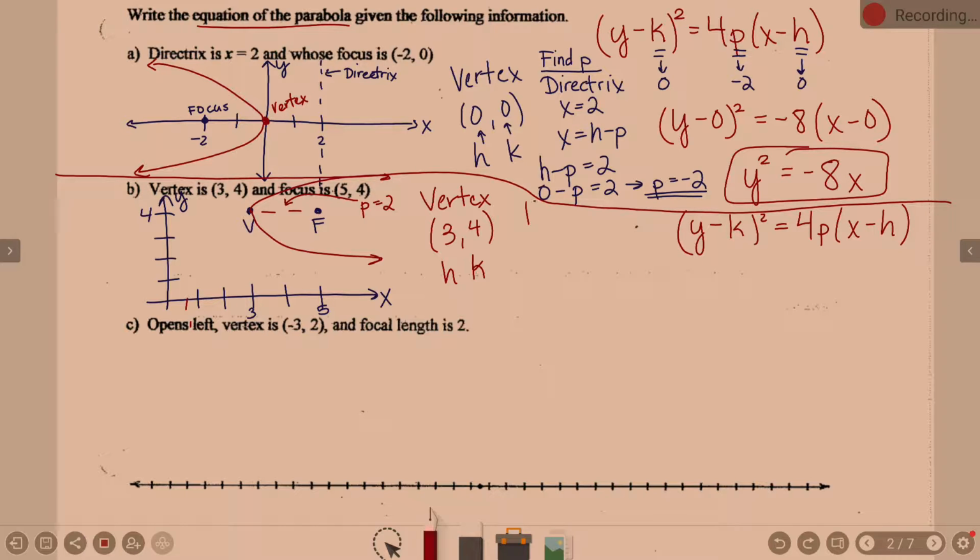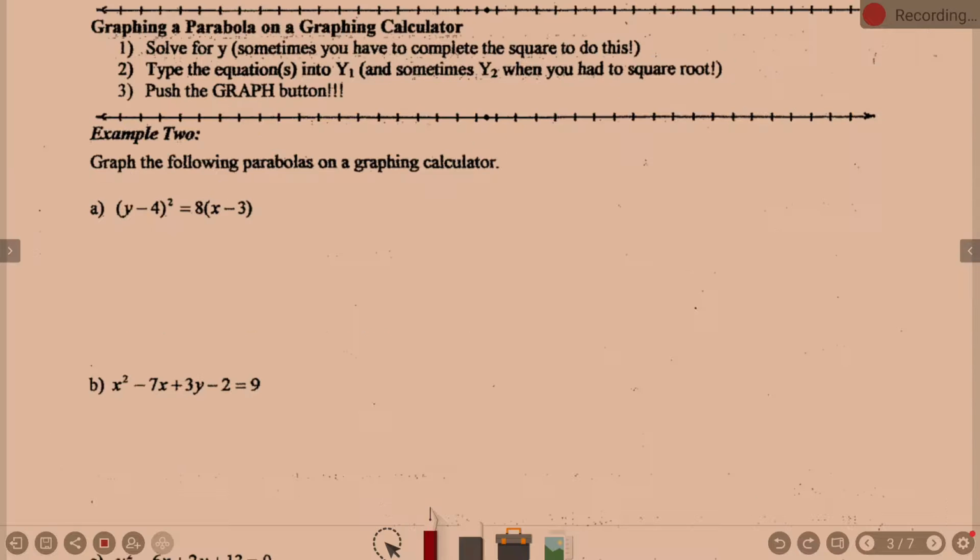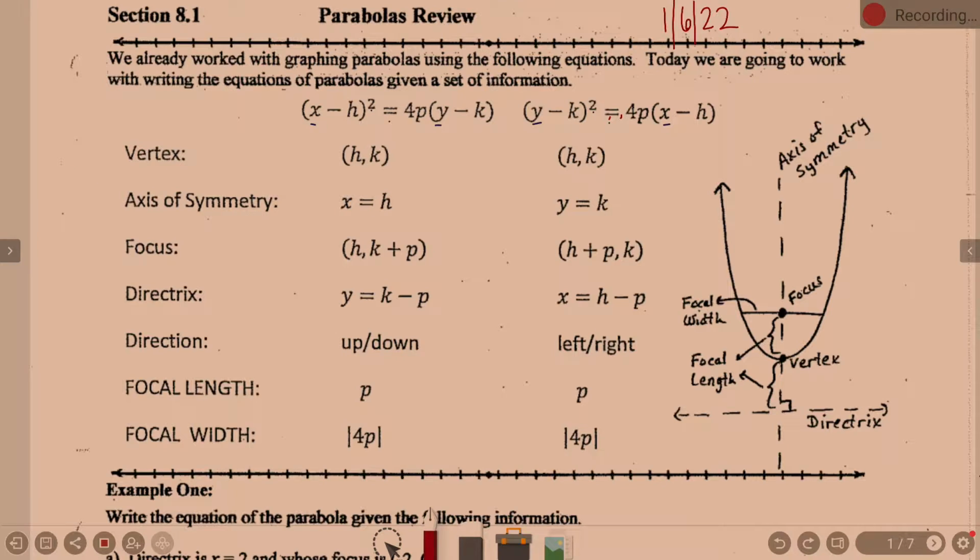Here's my other thought real quick. I'm trying to give options here, because sometimes the picture doesn't work, sometimes the chart doesn't work. If you go to the right column of the chart, it says the focus is (H plus P, K).